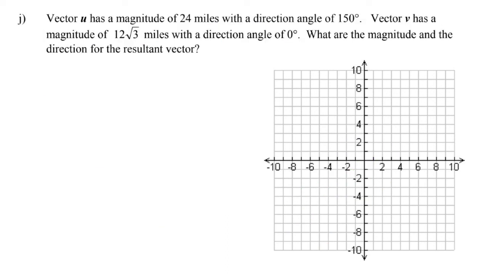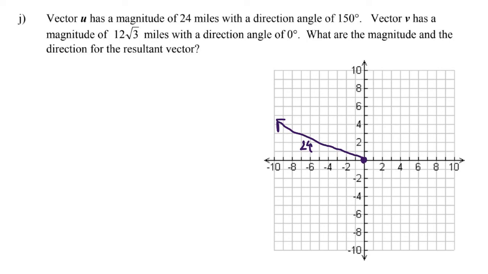All right, for the last example, we have vector u that has a magnitude of 24 miles with a direction angle of 150 degrees. Now 150 degrees is in the second quadrant and it's going to be somewhere over here. So we have 24 miles and we have a direction angle of 150 degrees.